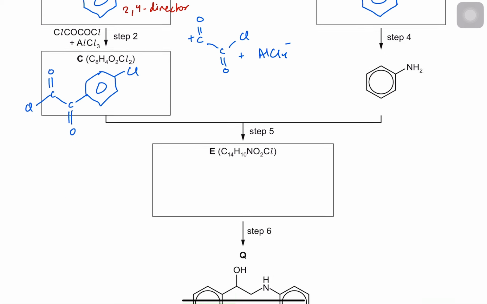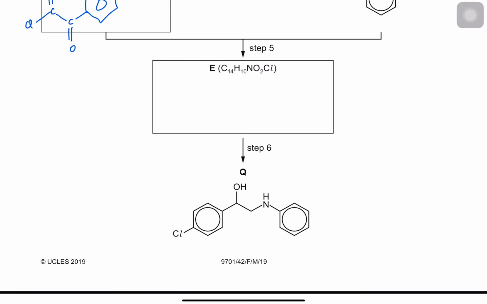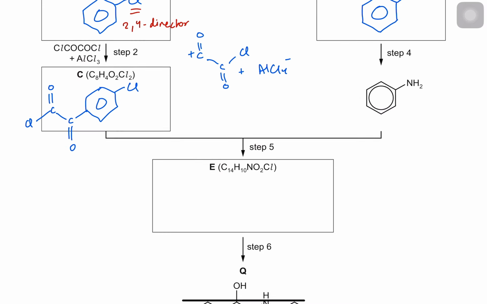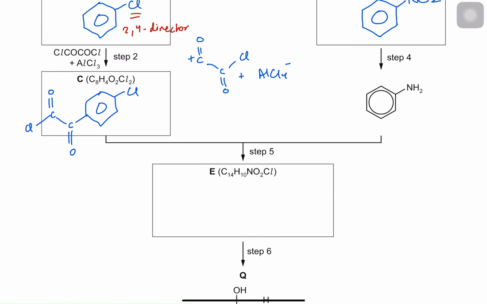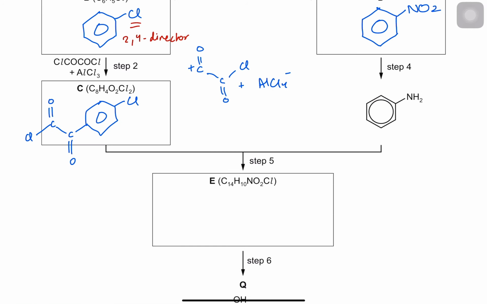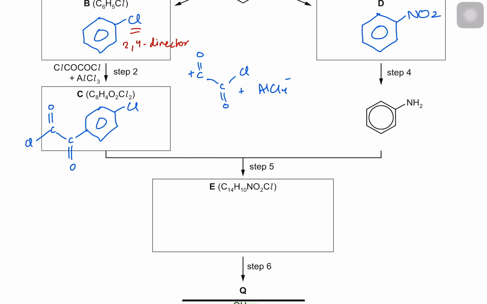In D, D becomes NH2, that is for sure. What happens next? They are connecting both of them. So if they're connecting both of them, this group will go elimination and the NH2 group will come with its lone pair.